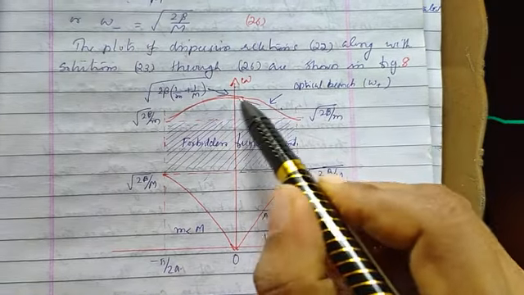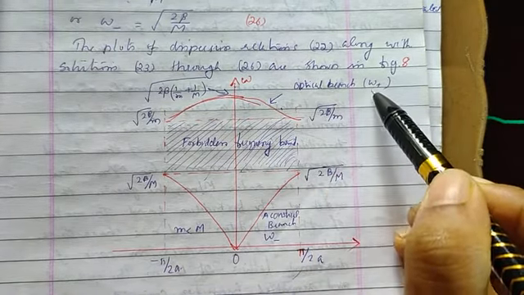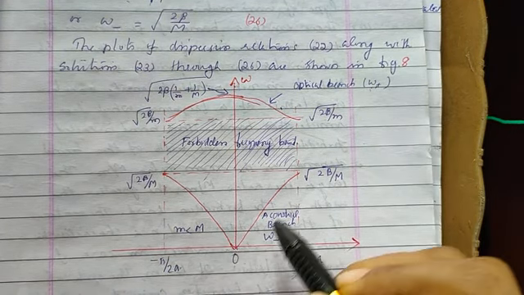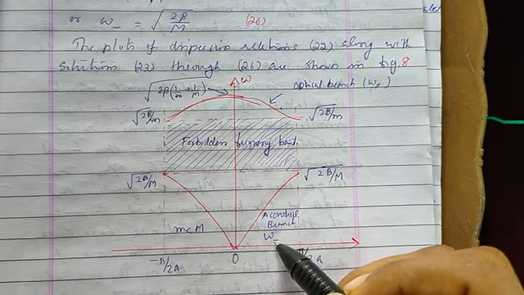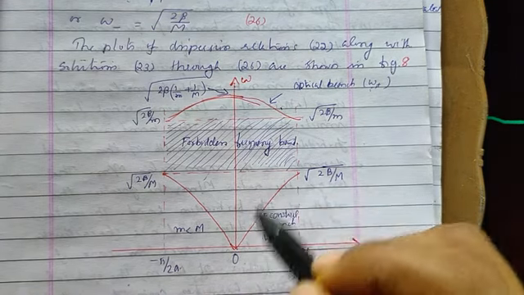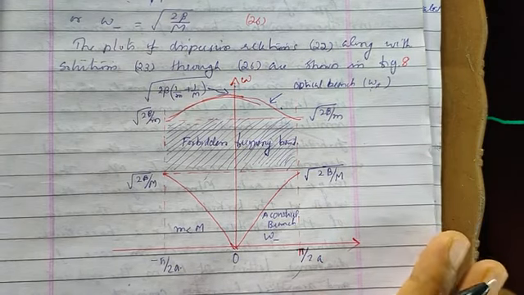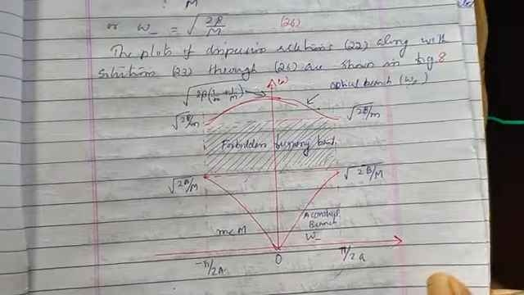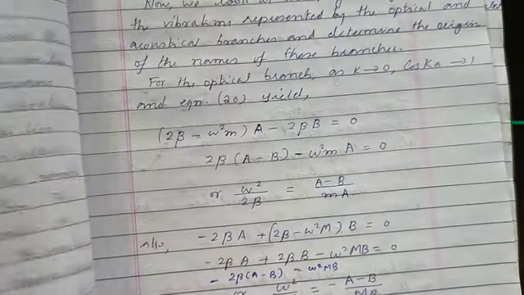Here this branch is known as the optical branch, corresponding to omega plus, and this branch is known as the acoustical branch, which corresponds to omega minus. On the x-axis we are plotting k, and this is omega. This is a dispersion relation graph, and we will discuss the features of this graph here.